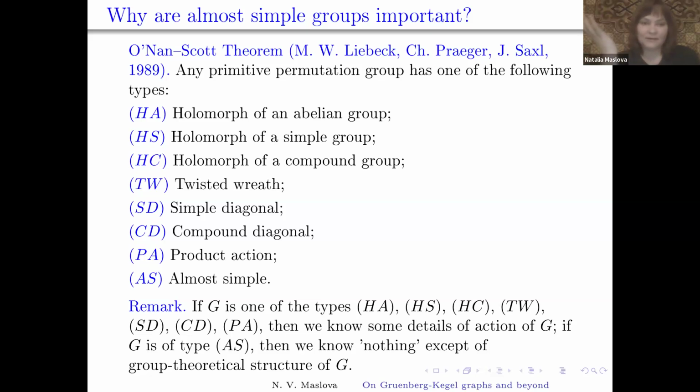As an example, like the affine group. All these special cases of actions were well described. And in the last case, almost simple groups, they are not well described themselves. They are just known to be almost simple, in terms of group theoretical structure. So, in some sense, it's the hardest case.